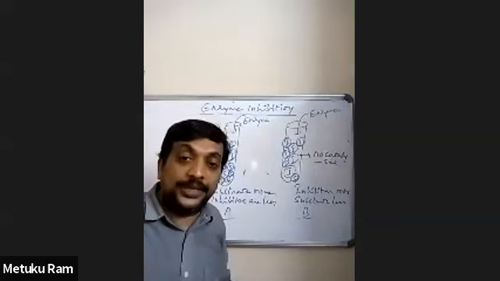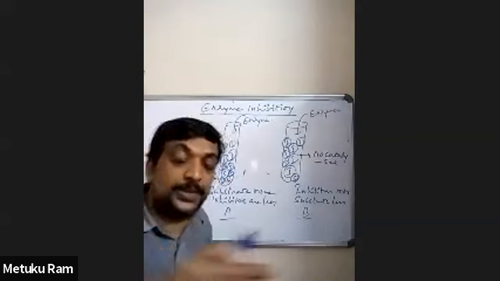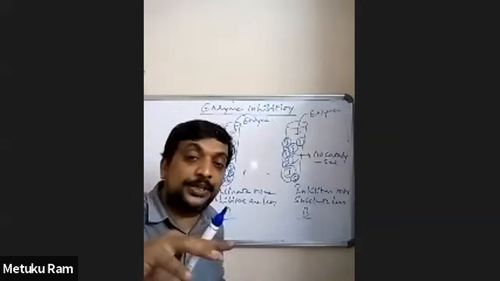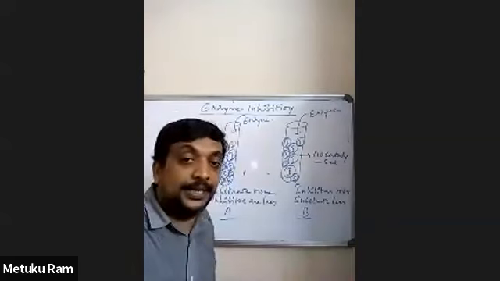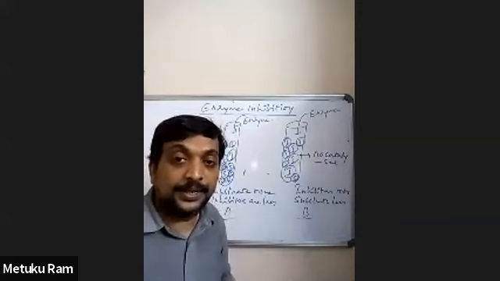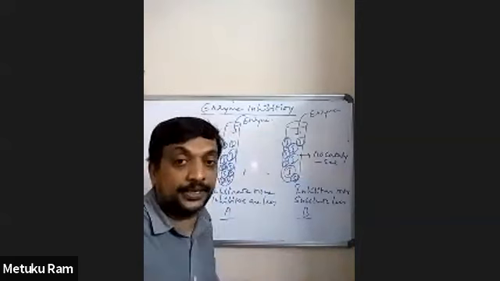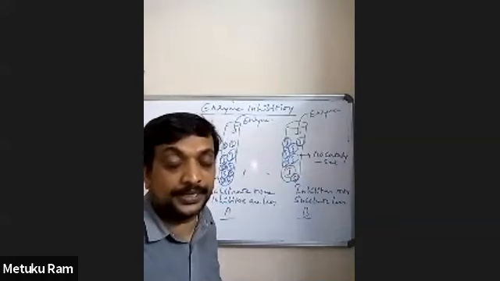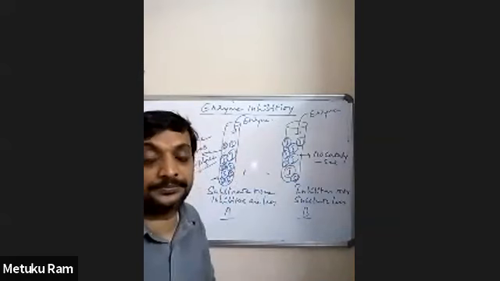In this competition, as more substrate molecules are there, those substrate molecules can replace the inhibitor at that active site, and join on the region of this active site, and the catalysis will take place.